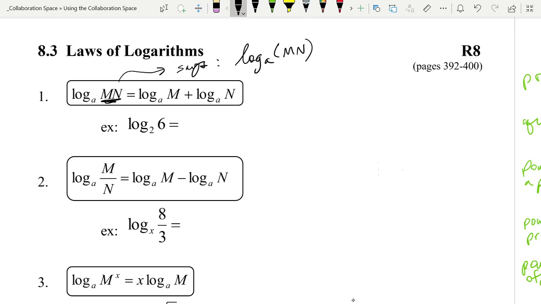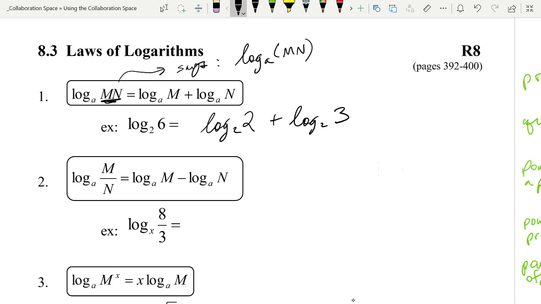So what can I do with this new law? Well, log to the base 2 of 6 is like saying log to the base 2 of 2 plus log to the base 2 of 3. Why does that happen? Because 2 times 3 is 6. And you might be wondering, well, I don't know what the log to the base 2 of 3 is, so why is this a helpful thing?